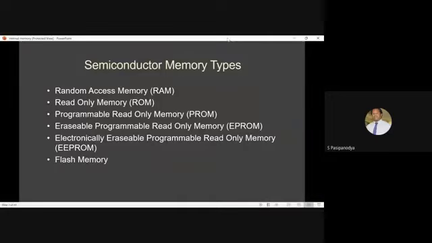When we're talking about semiconductor memory, we're mainly talking about the 6 major forms of memory, which are random access memory, read-only memory, programmable read-only memory, erasable programmable read-only memory, electronically erasable programmable read-only memory, as well as flash memory.